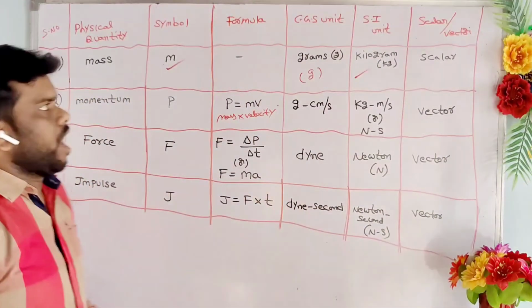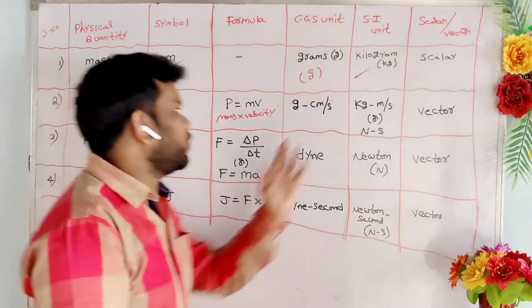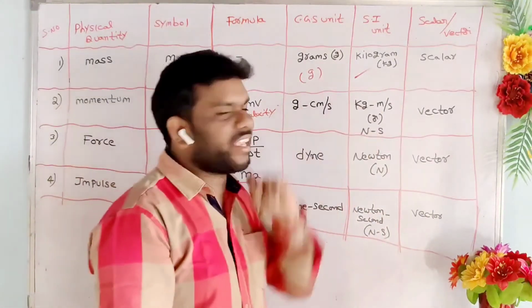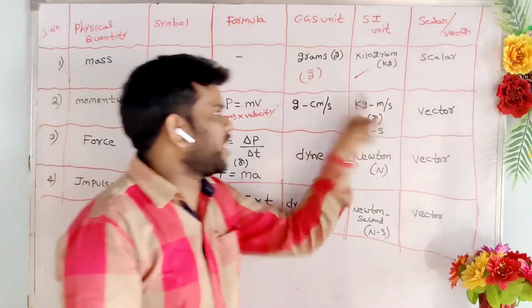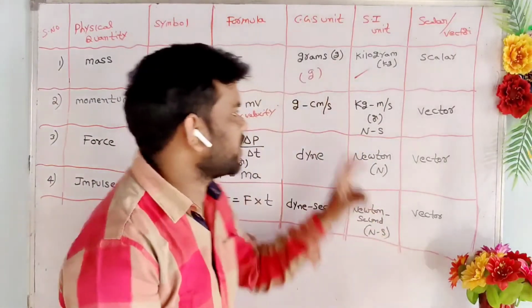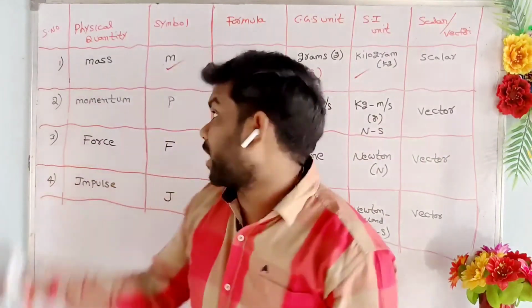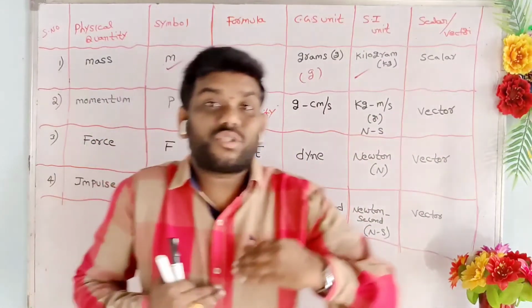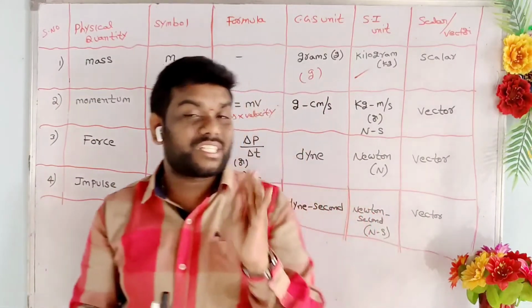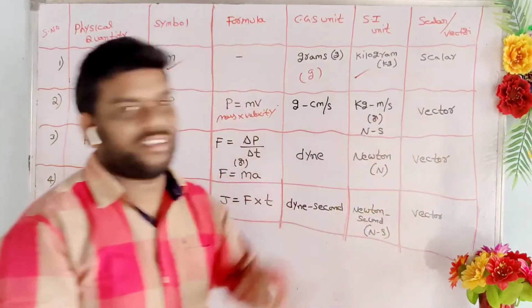In SI units, it is kg meter per second, because mass is measured in kg and velocity in meter per second. It is a vector because momentum, mass into velocity, has both magnitude and direction. That's why momentum is a vector.